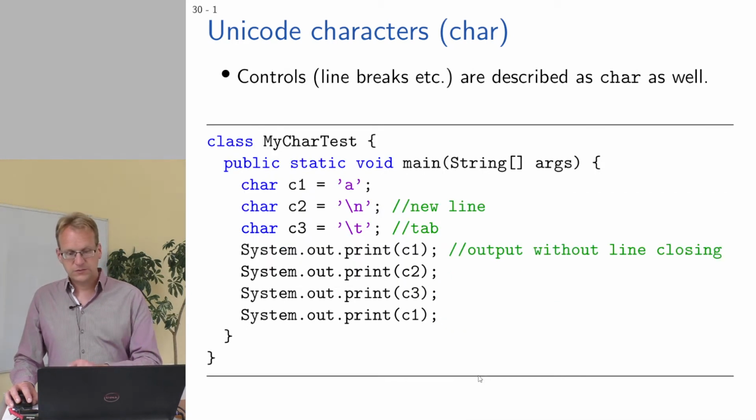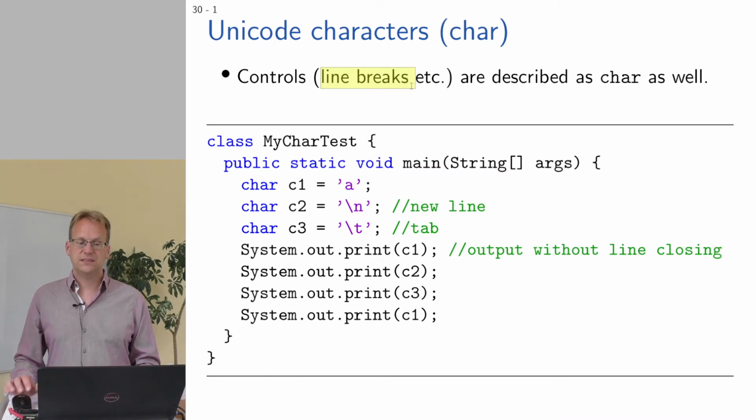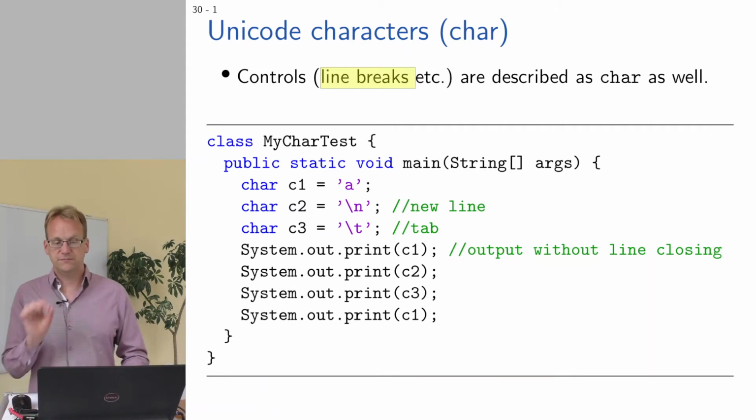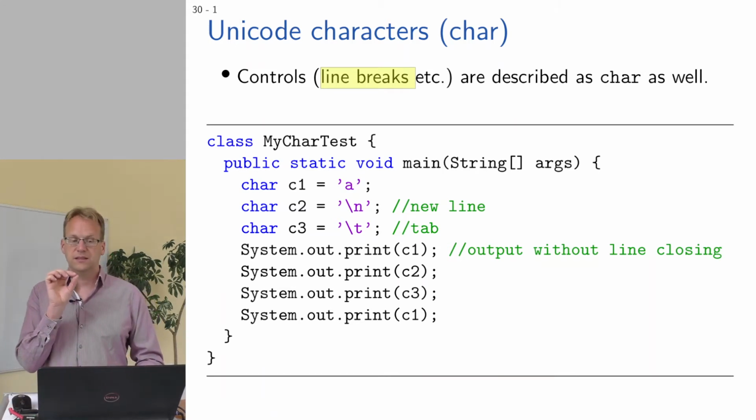Okay, so another example, again, is char with Unicode characters. So what we do here is that we would like to introduce line breaks or tabs in our text. And for a line break or a tab, there exists also one character value associated with this.